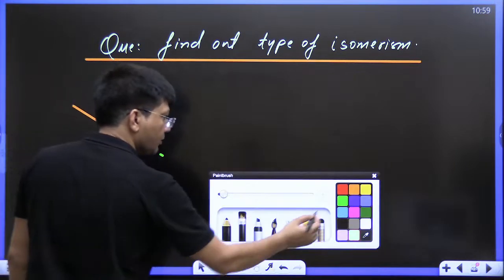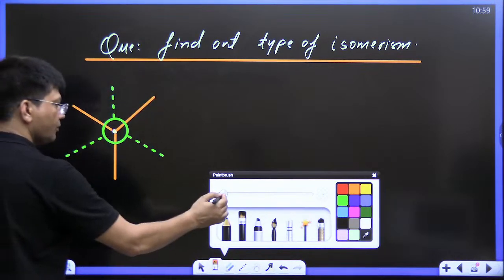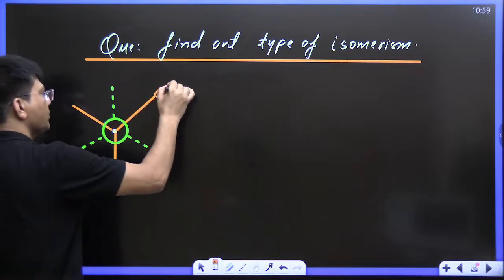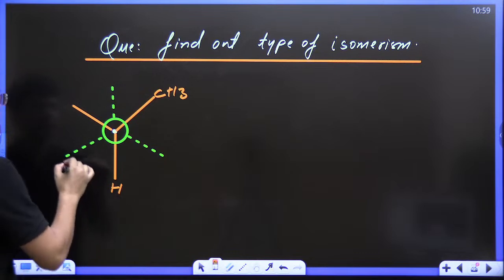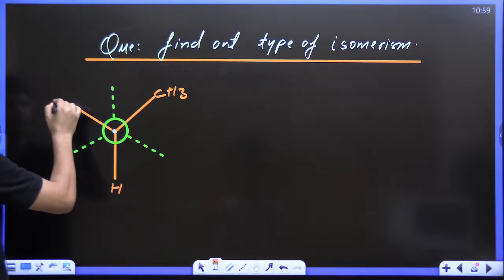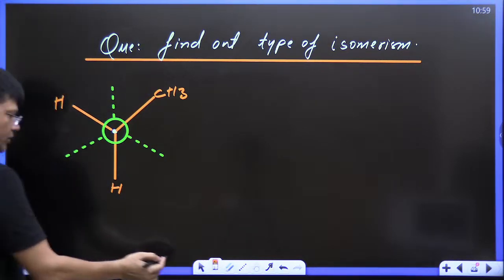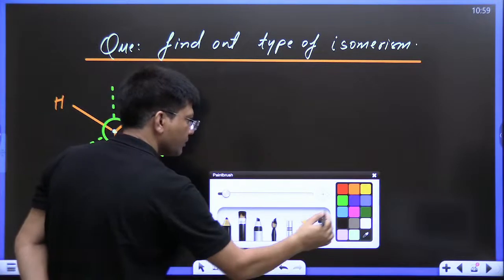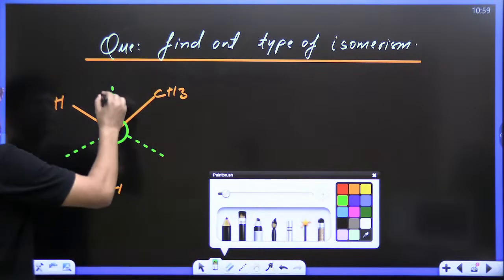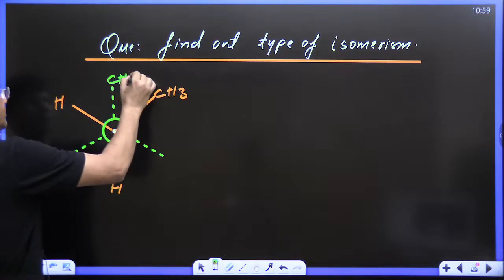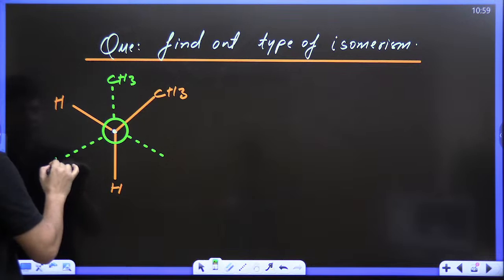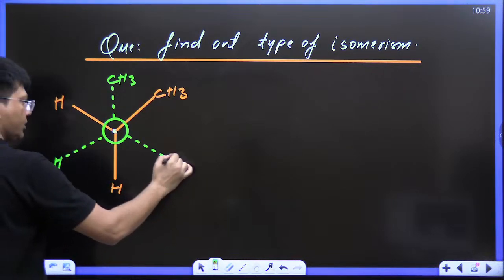So on the front carbon, we are having methyl, hydrogen and hydrogen. And on the back carbon, we are having methyl, hydrogen, hydrogen.